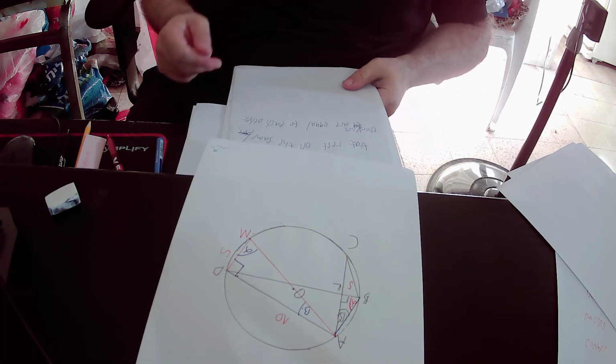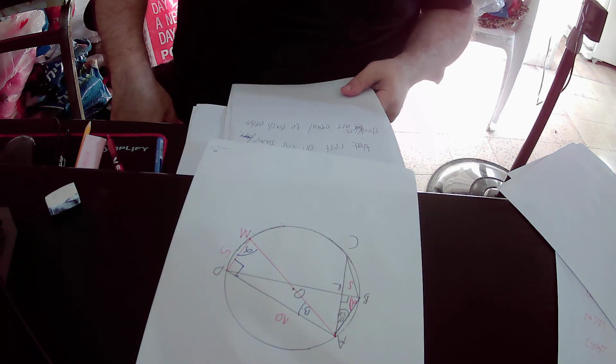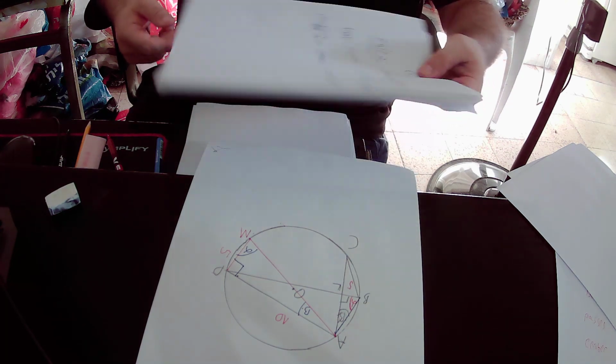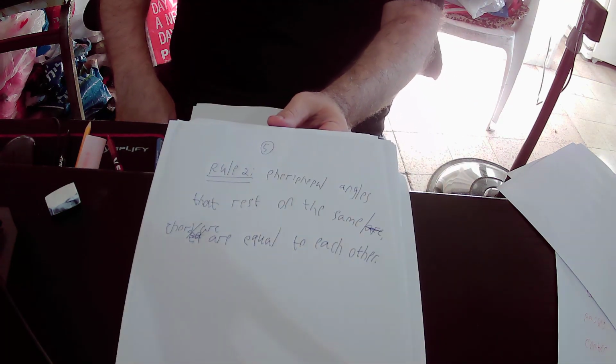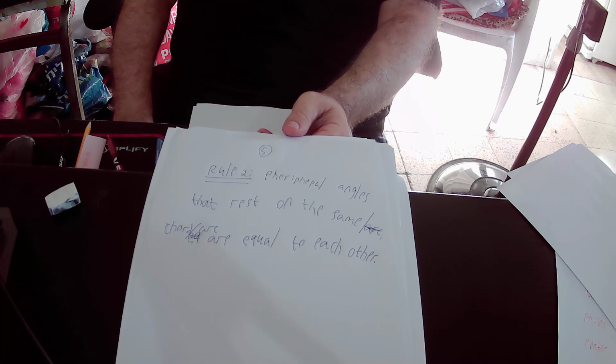Then we connected points A and B by a straight line. And we have rule number 2, which states that peripheral angles that rest on the same chord are equal to each other.